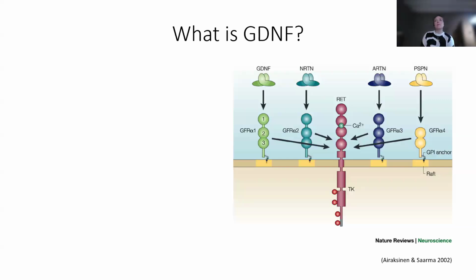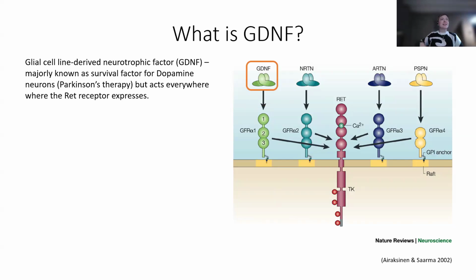It regulates the proliferation and survival of many neurons, and not only. Historically it's called the glial cell line derived neurotrophic factor, or GDNF. It's a historical name, but actually it's produced in many cells in the body and the brain.